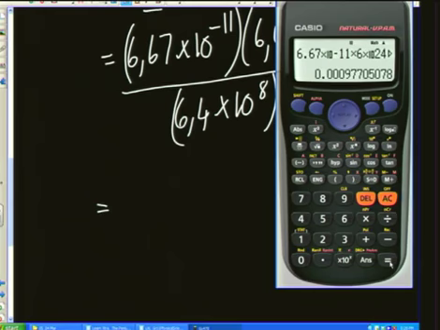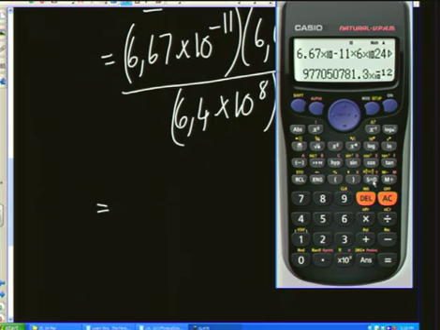And I push equals, and look at the size of this number. If I go to my scientific notation, which I'm just going to do to engineering, you can see that it's going the wrong way. It's getting too big. Let's go back.